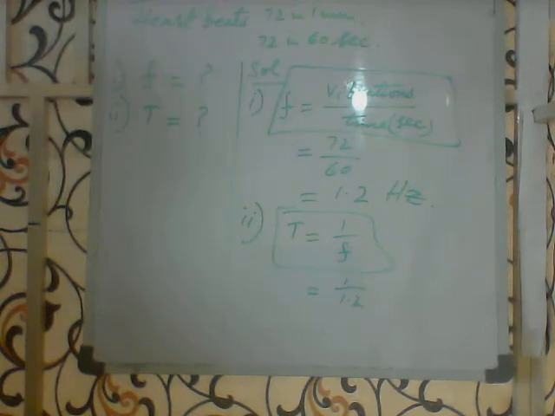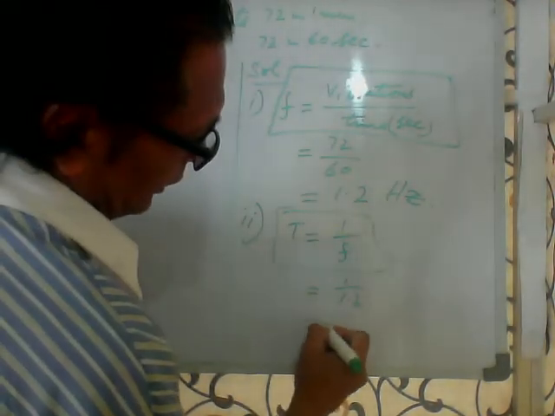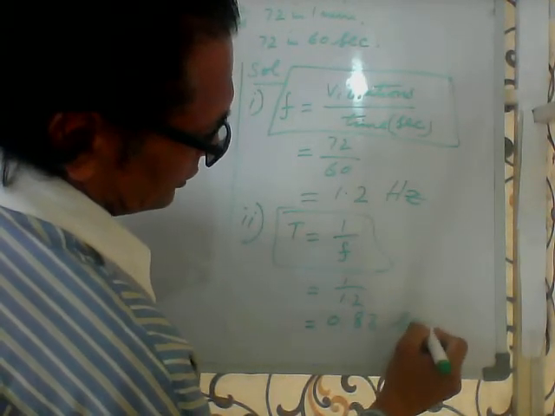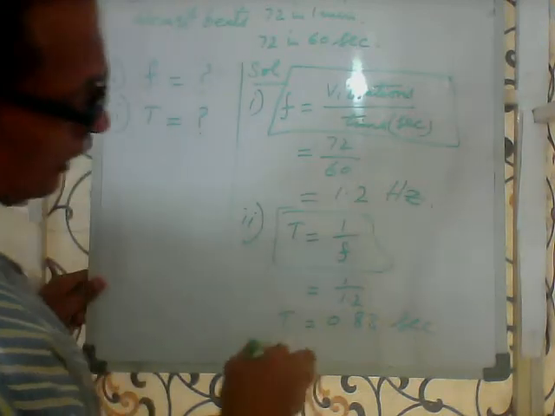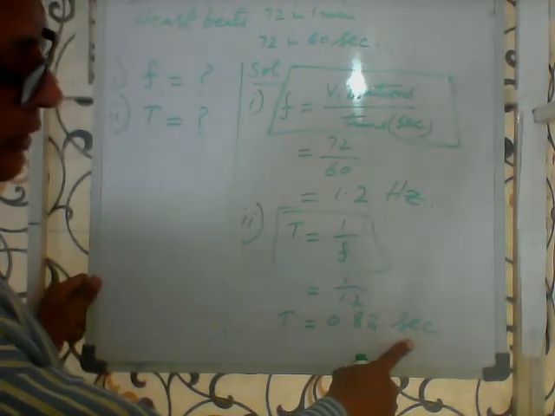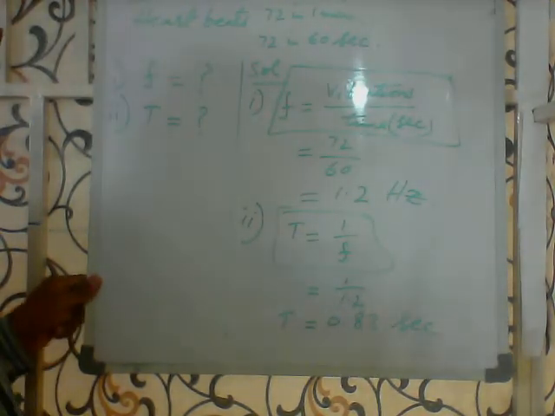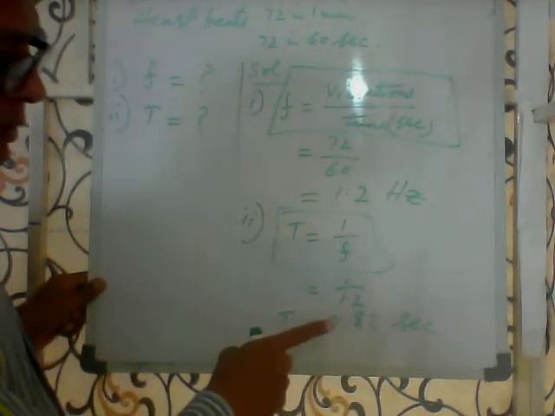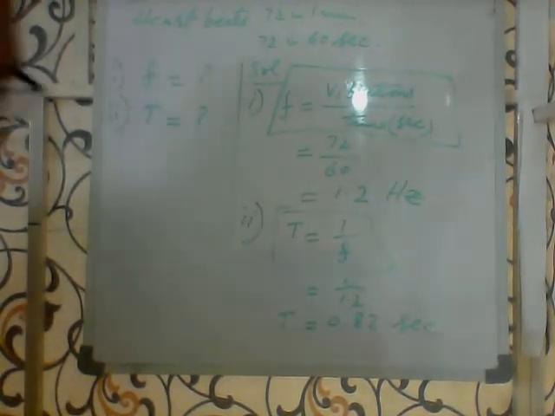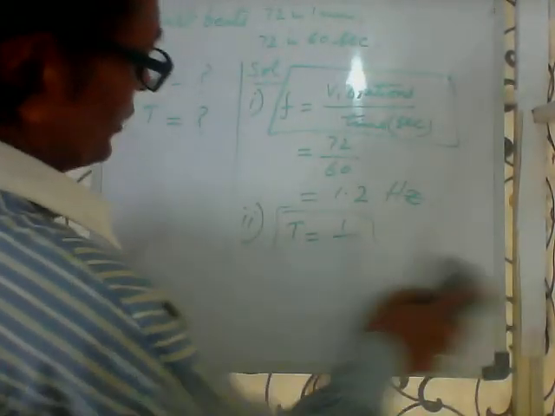Again, use a calculator and it will come 0.83 second. The unit for time period, or just period, is also seconds. Now we will come towards the next problem.